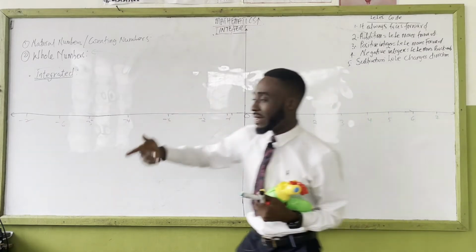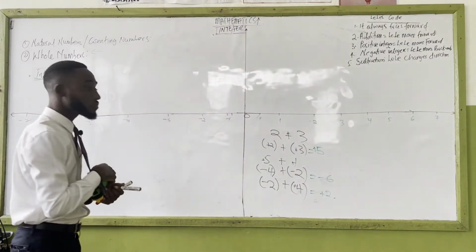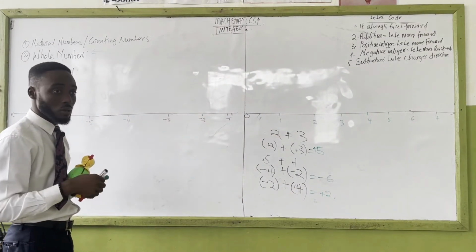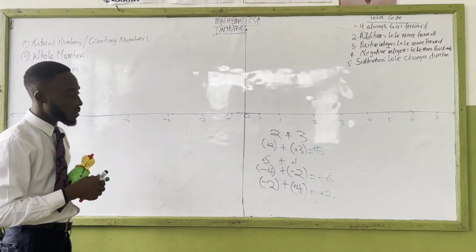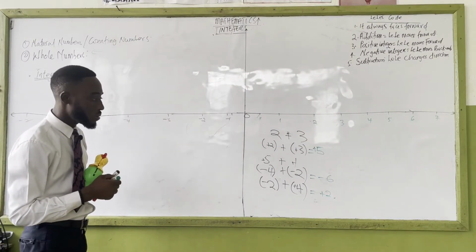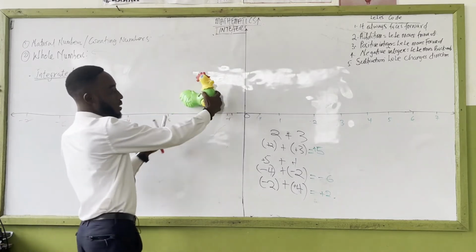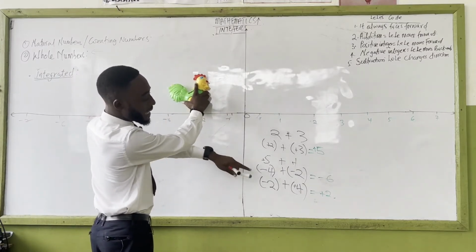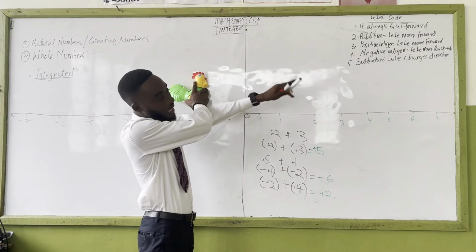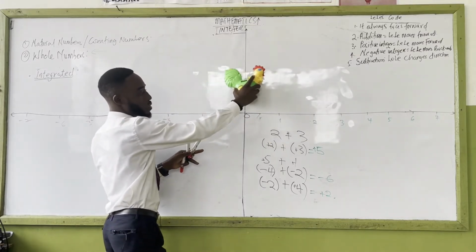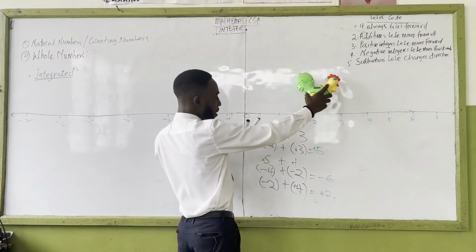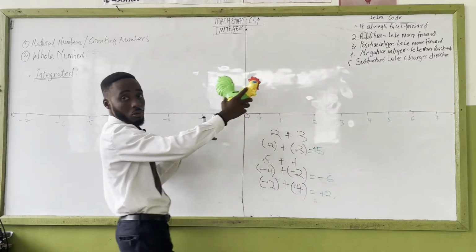So let's try 2 other ones. Negative 2 plus positive 4. Yeah, that's what we did. Negative 2. When you're adding a positive number, Lele moves forward. So he moves 1, 2, 3, 4. Make sure you don't forget a 0. All right.